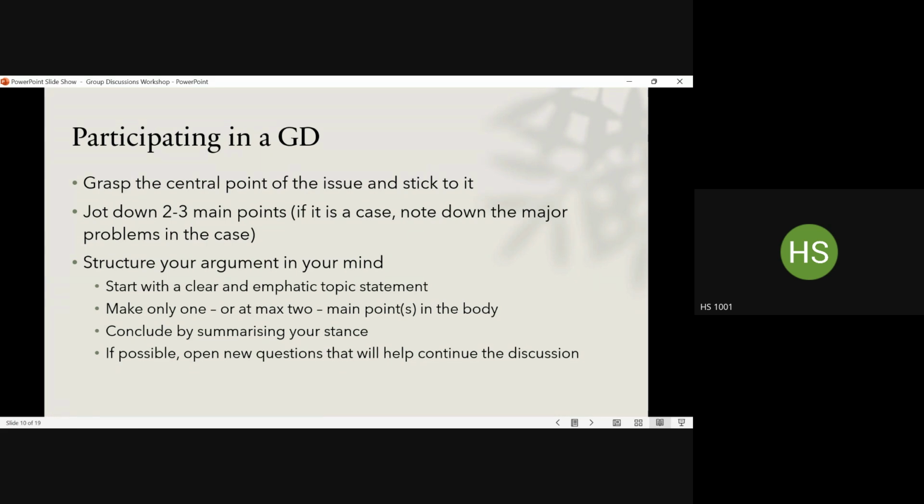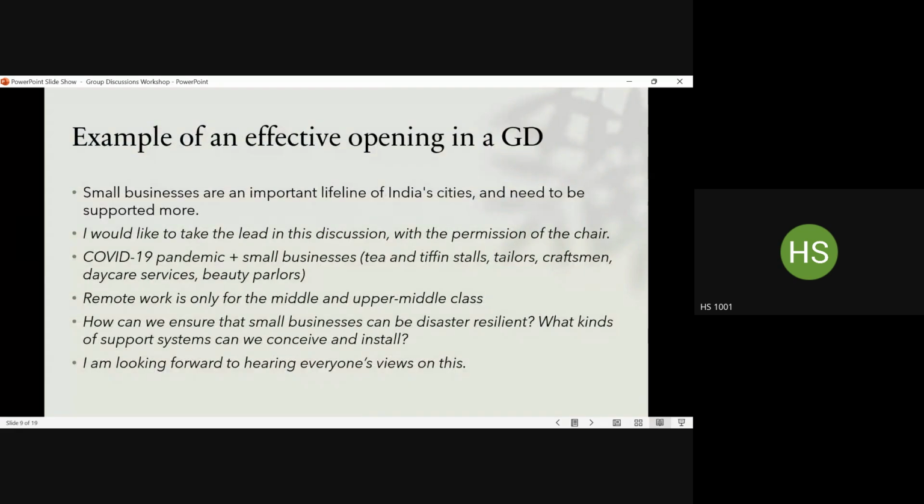For example, we're going back here. In this particular topic, small businesses are an important lifeline of India's cities and need to be supported more. I break down the topic into 2 or 3 different points, of which lifeline is my point.